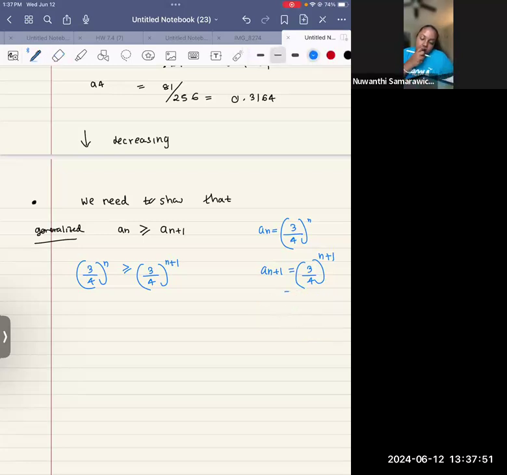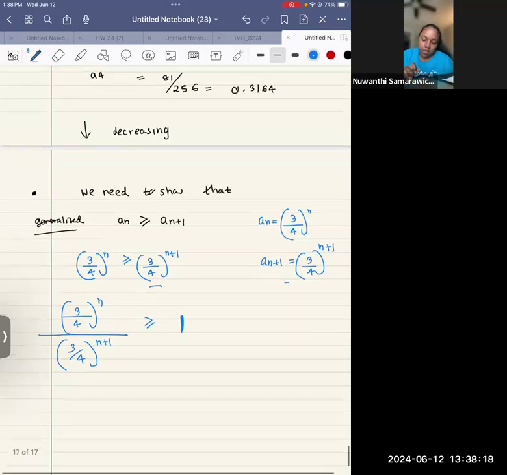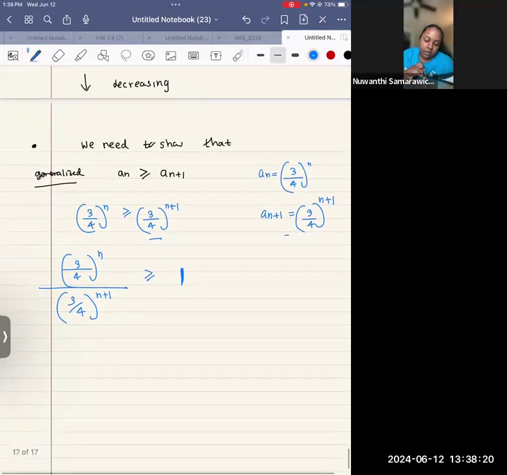So let's divide both sides by this term, or the other way, anything you can do. 3 over 4 to the power n divided by the right hand side. Then the right hand side will become 1. Or you can divide both sides by 3 over 4 to the power n. It's up to you.